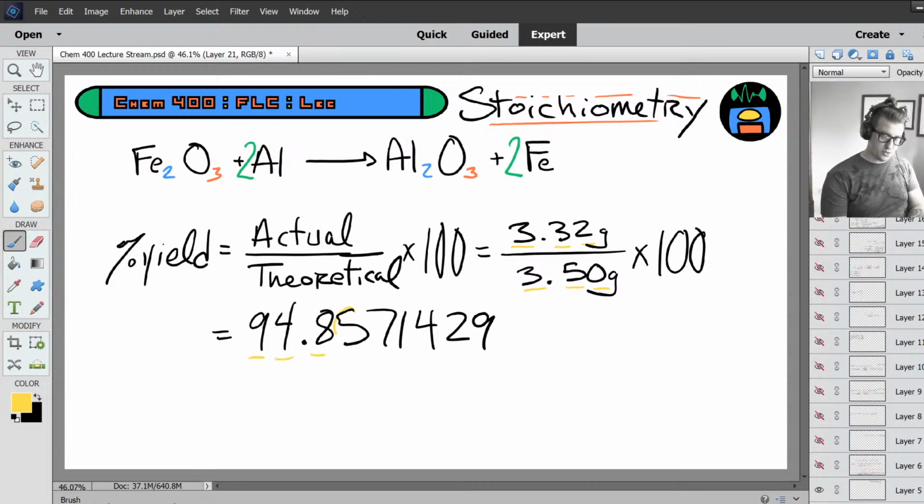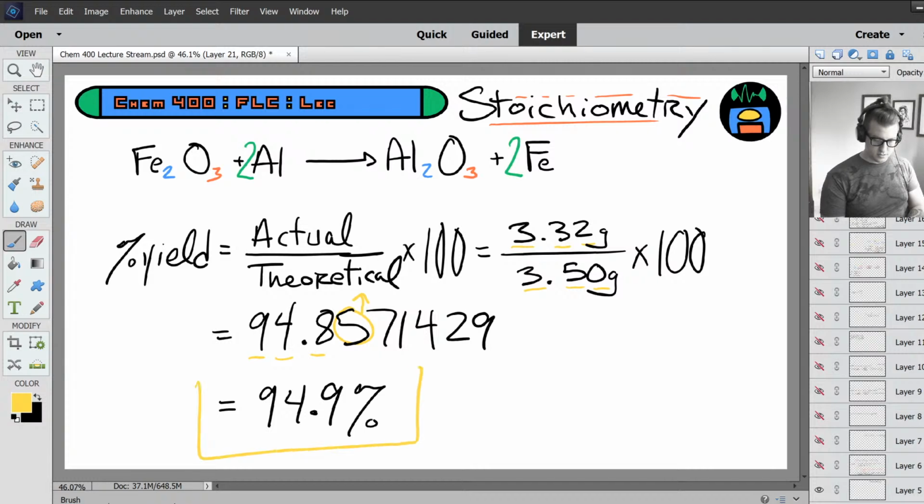So I count out my first 3. 5 is going to round up. So this is 94.9%. All right. So that is the answer to part C. That is our percent yield of iron(III) oxide.